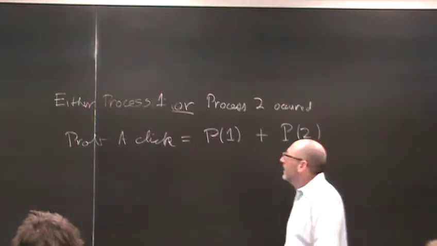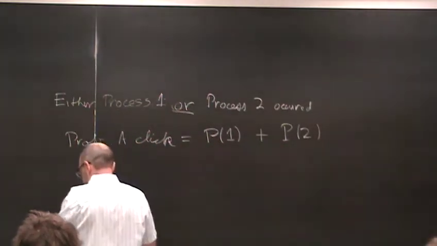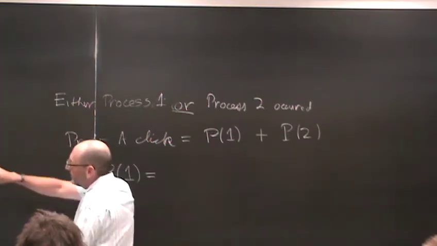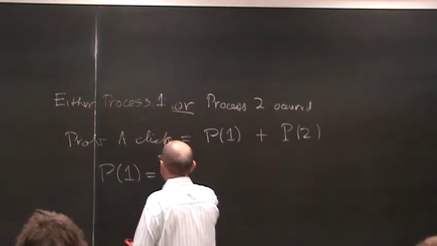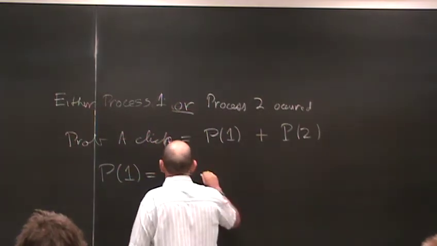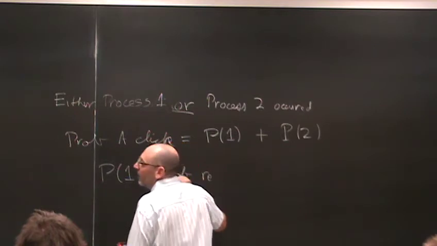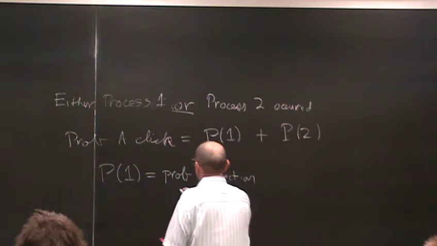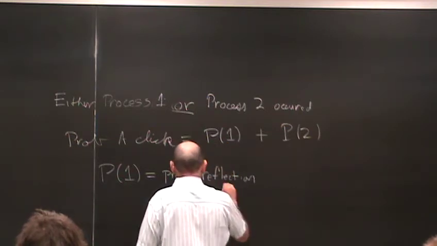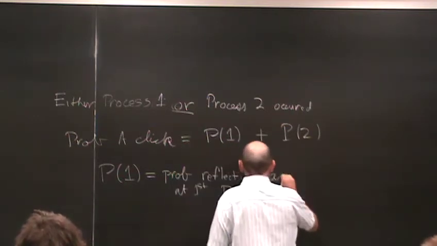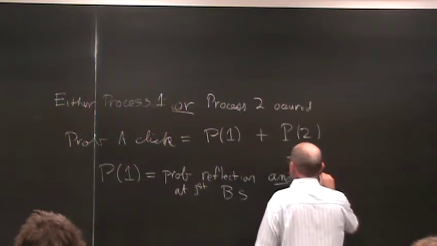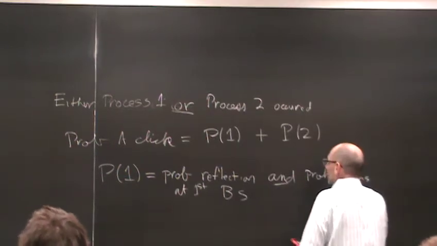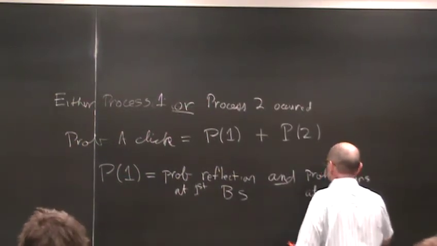Now the probability of process 1 happening, well, there are two things that have to happen. This is equal to the probability of reflection at the first beam splitter and probability of transmission at the second beam splitter.